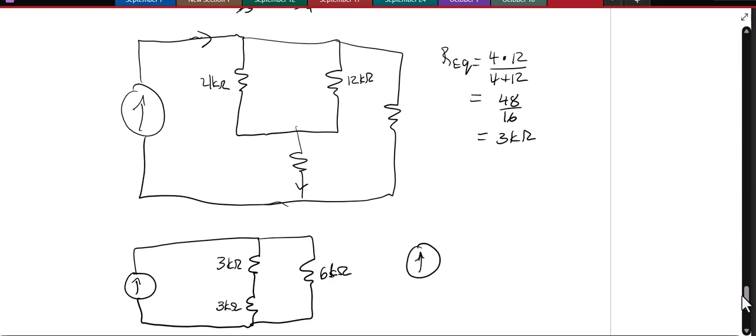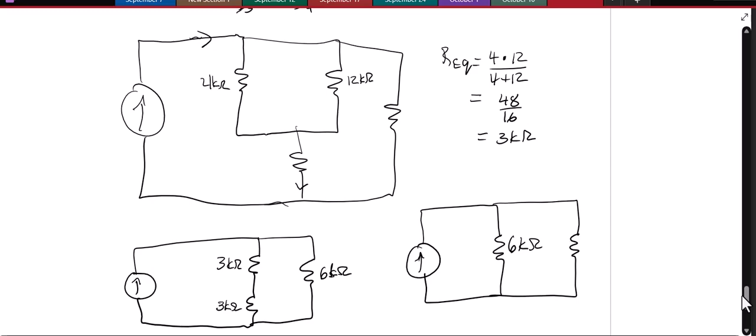Alright, well, 3 kilo ohms and 3 kilo ohms in series, you can just add those together, so that's 6 kilo ohms and 6 kilo ohms. Well, now if I'm looking at I4 right here, so I4 is there, and I3 is the current coming out here, I3 and I4 are parallel, and they have equivalent resistances.